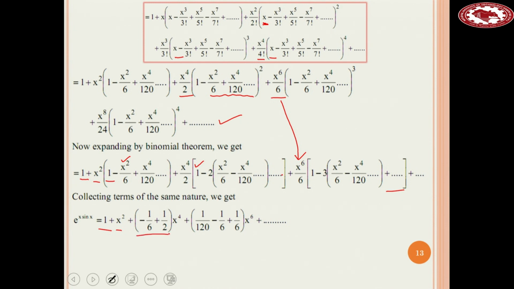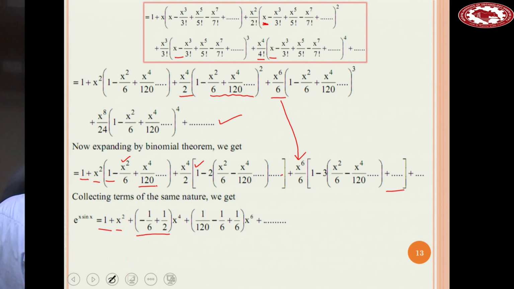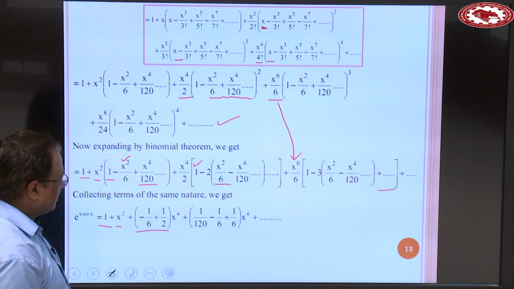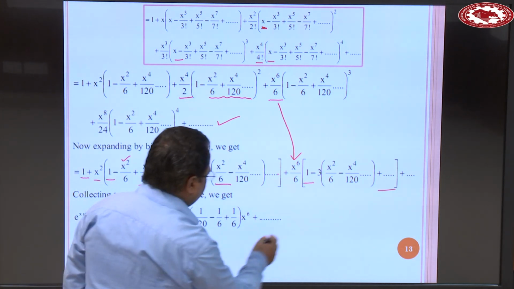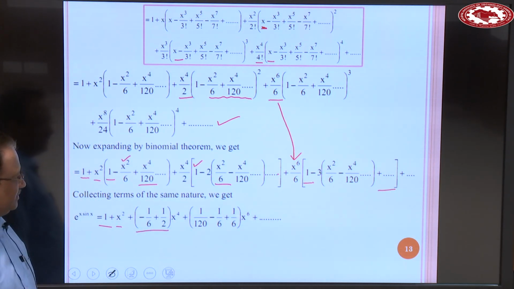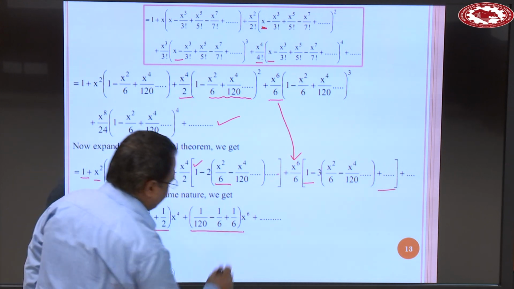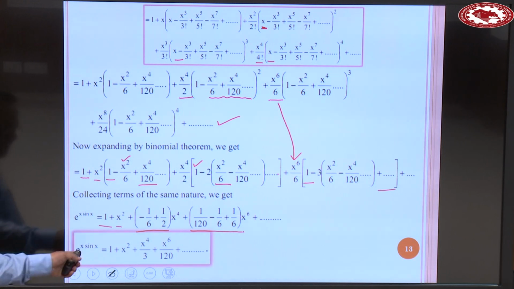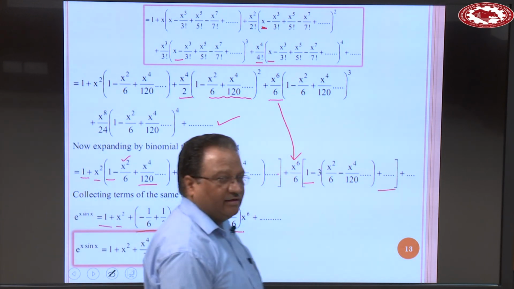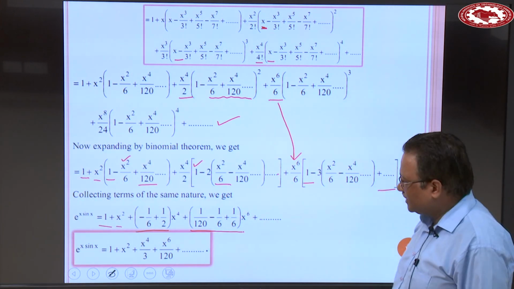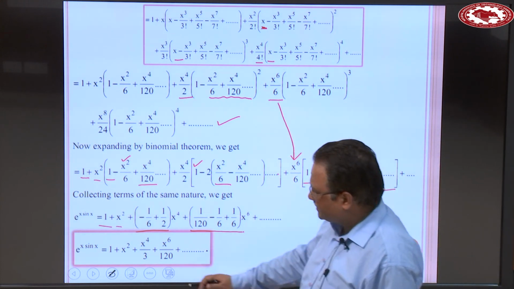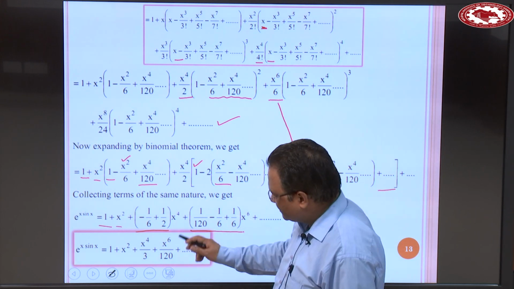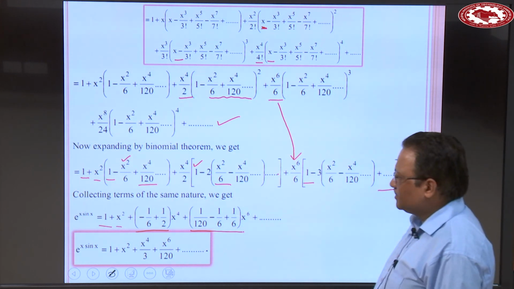Now x6, this one 1 over 120, this one minus 1 over 6 and this one plus 1 over 6, we obtain this expression, plus and so on. So when you simplify, you will get the required expansion. The required result of e raised to power x sin x is equal to 1 plus x square plus x4 over 3 plus x6 over 120 plus and so on.